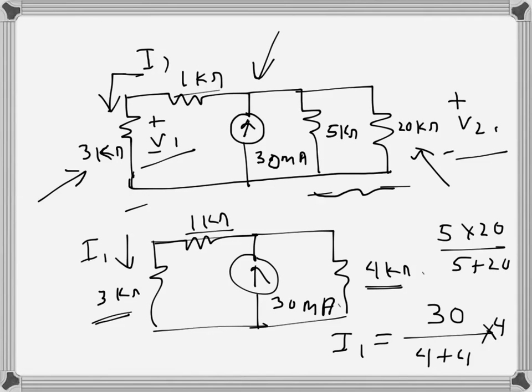So that's done there. Now I need to find the current through this one, because this voltage we need to find out. So we know that the current that goes in this direction is 15 milliamps, and these 15 milliamps will be divided between the 5 kilo ohms and the 20 kilo ohms.